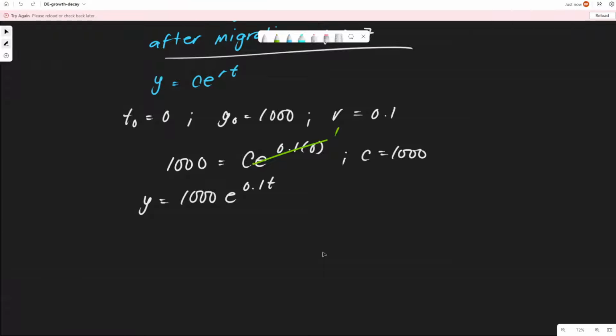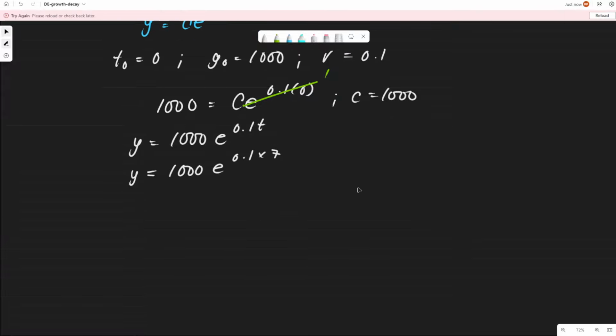So, titigil muna tayo dun right before the migration happens. So, what is the population right before the migration happens? Y is equal to 1,000 e raised to 0.1 times 7. Okay? So, yun muna. Kasi yung y na makukuha natin dito, yun na yung magiging reference nung susunod na event natin after the migration.